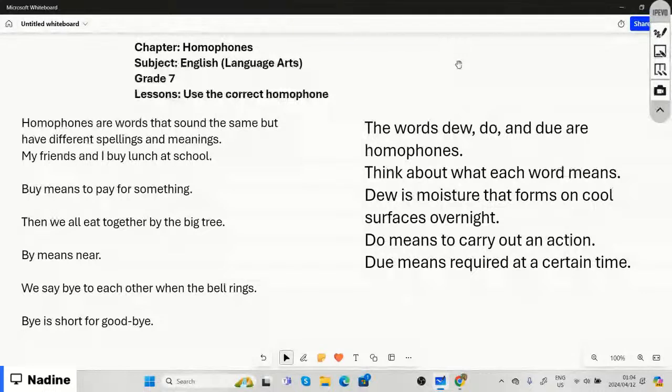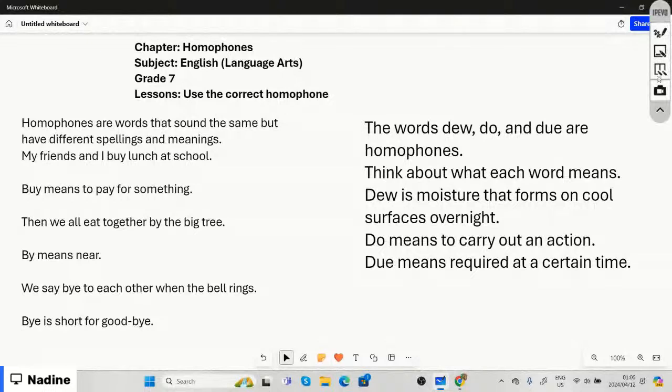And our lesson is to use the correct homophone. All right, so we're going to use homophones.